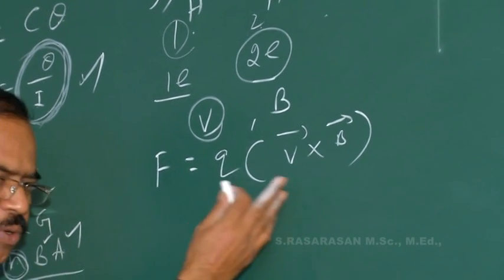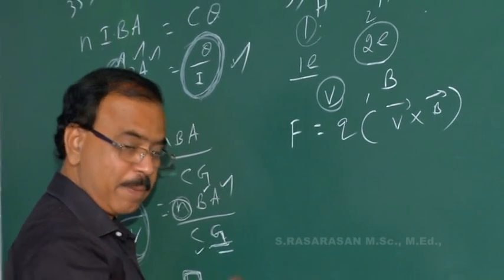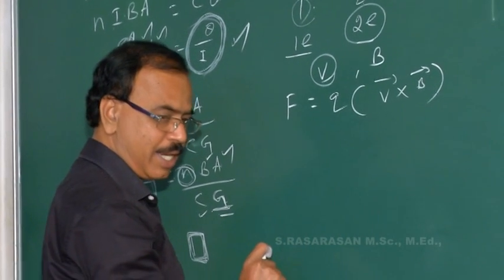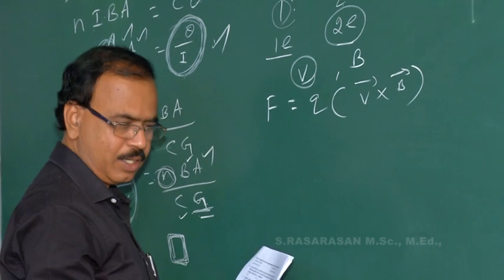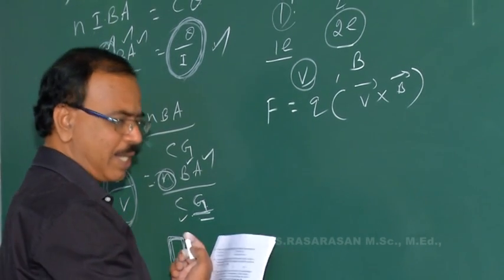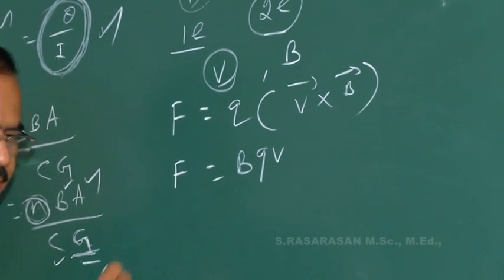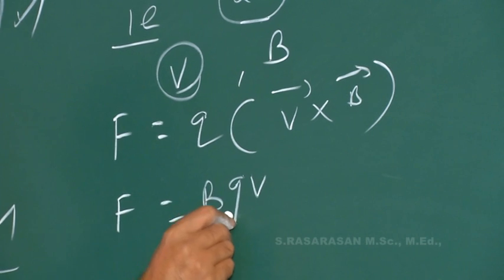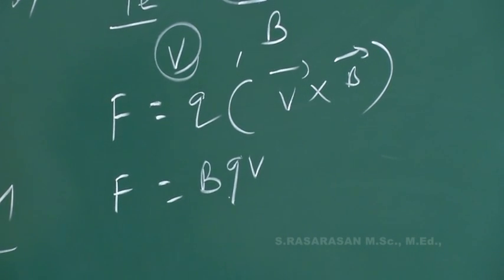When the particles are moving perpendicular to the magnetic field, theta is 90, then the force acting is also maximum, that is F is equal to BQV. Sin 90 is 1. Maximum Lorentz force, that's why the particle moves in a circular path.